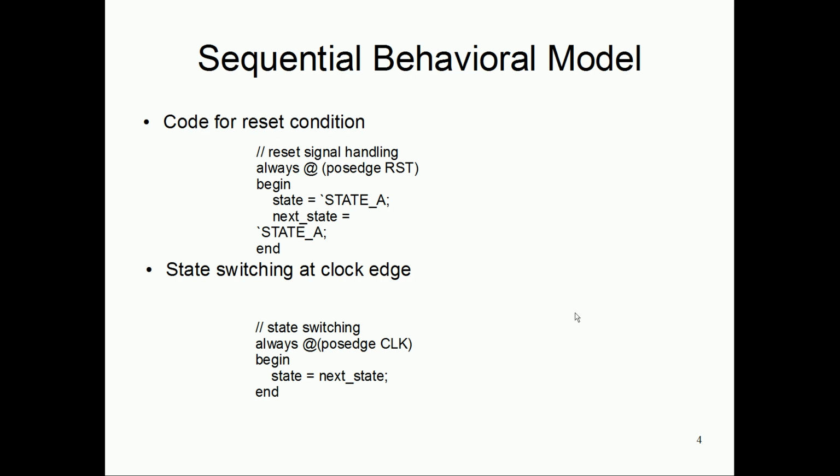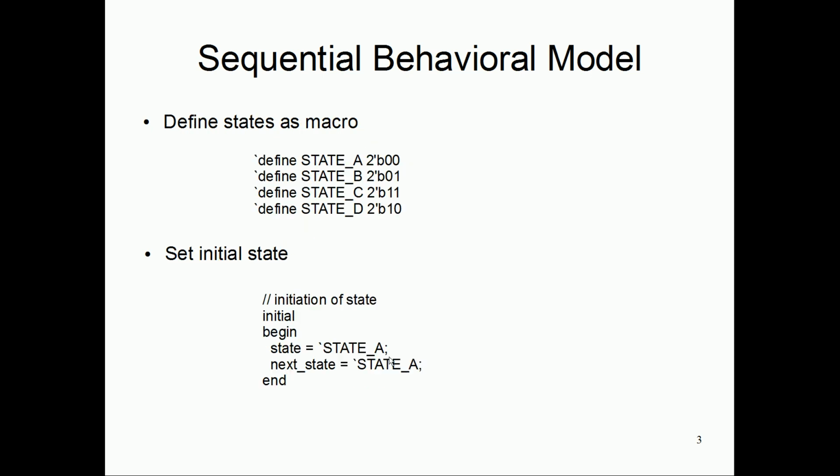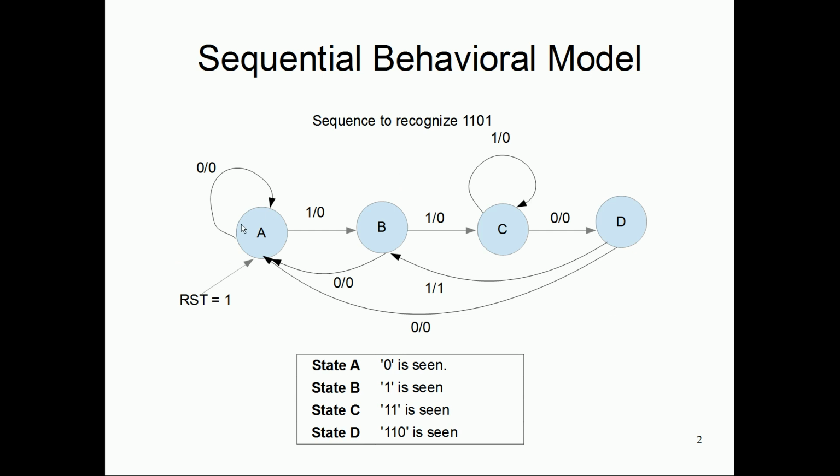Now state switching at the clock edge is defined like this: always at positive edge of the clock, state equals next state. So it will always happen. We initialize state as state A and next state as also state A. That means at each positive clock, it will just loop through and stay in state A, whether an input comes or doesn't come, it doesn't matter.